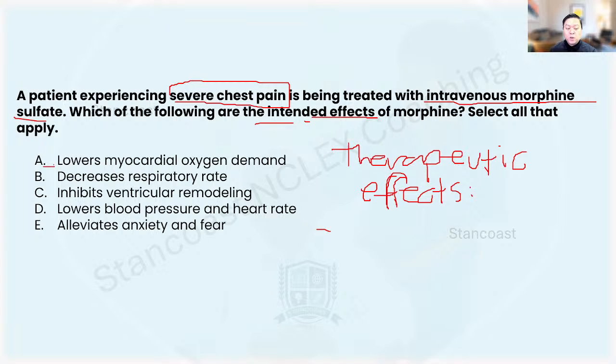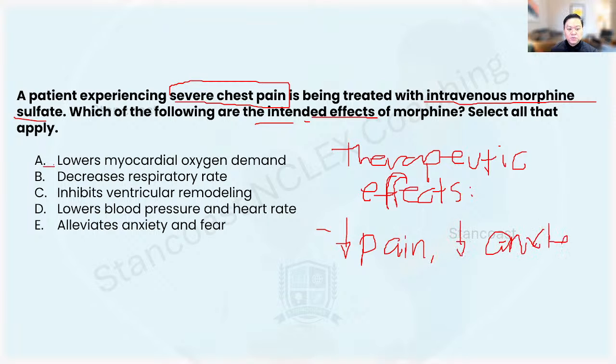And so the morphine can act as a powerful pain reliever. It can also have that sedative effect. This is going to decrease the oxygen demand by reducing the pain. It will reduce the anxiety.